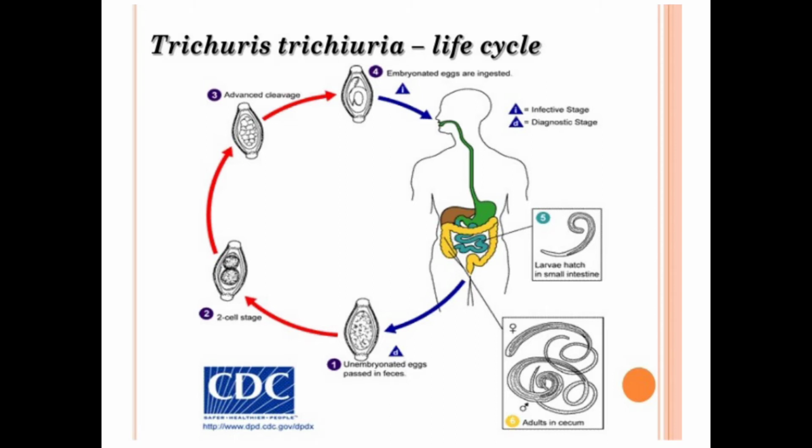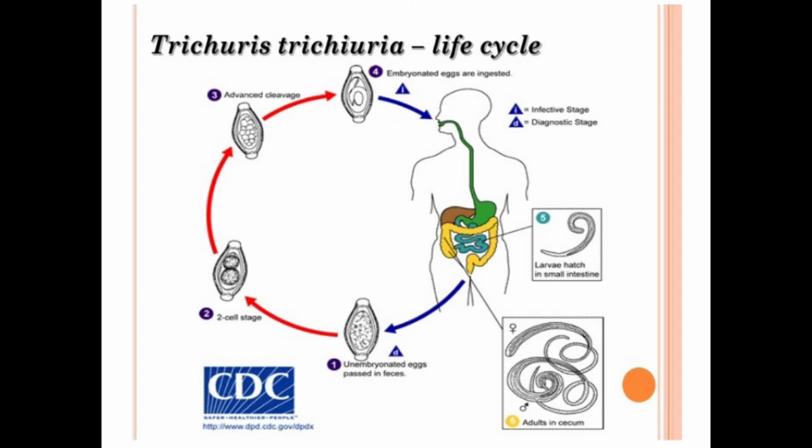Female worms in the cecum shed between 3,000 and 20,000 eggs per day. The lifespan of the adults is about 1 year. In the first stage, the eggs exit with the feces, and in the soil can develop into a two-cell stage, the second stage.